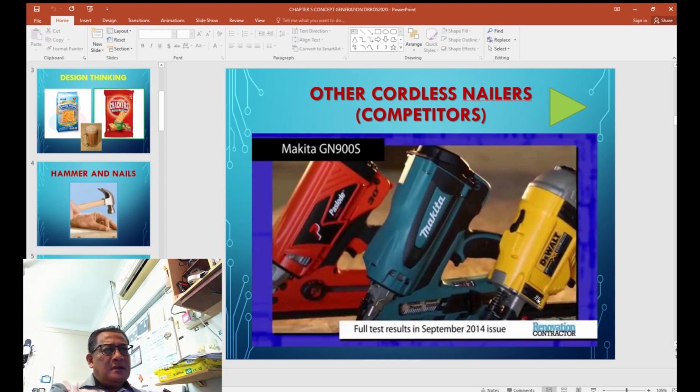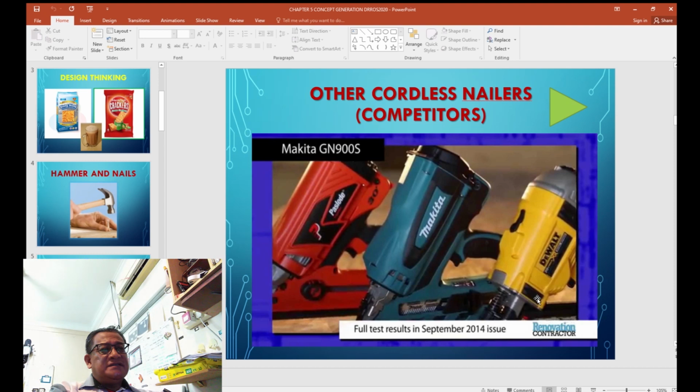Another product concept which is executing the same job, which is to nail the nail into the medium, is called the Makita cordless nailer. However, the Makita cordless nailer, as shown in this picture, is actually not using electricity to power up the system.